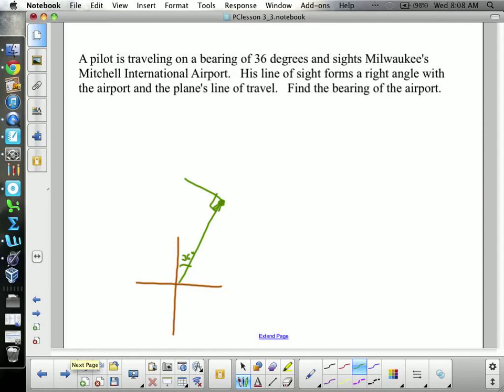And it says find the bearing of the airport. Oh, I'm going to the next level of problem here. I'm thinking I might be overthinking this. Hold on. Sights Milwaukee's International Airport. Oh.